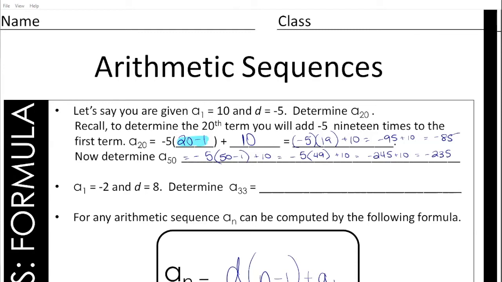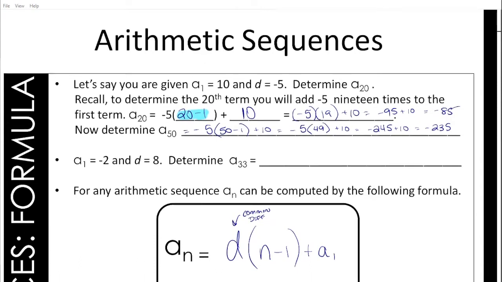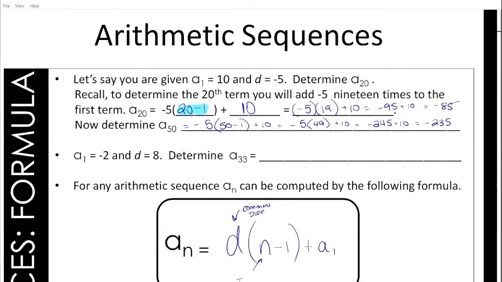Okay, our next example, our first number is -2. So you can kind of see the formula below. a_n equals d, the common difference, times n, the term in the sequence, minus 1, plus a_1, our starting term, our first number. Okay, so we're using that formula to solve this one.